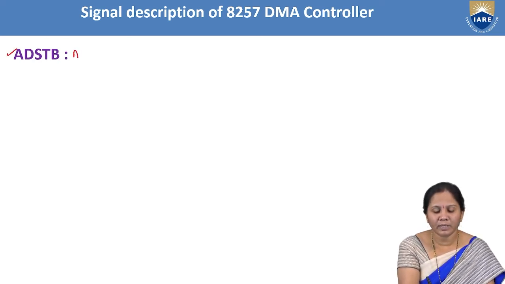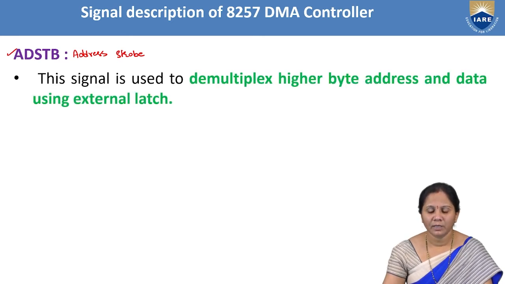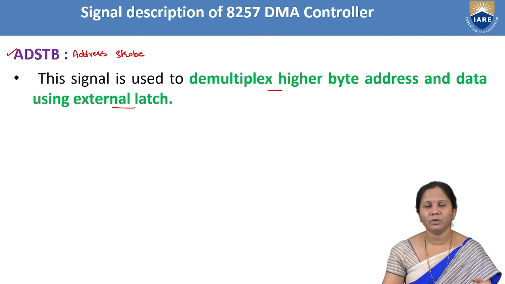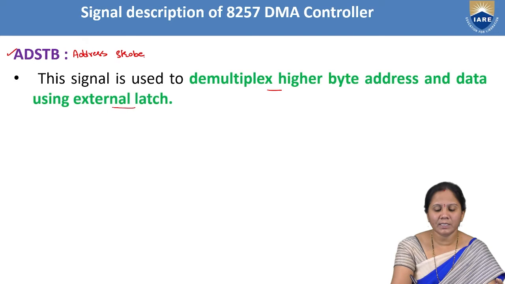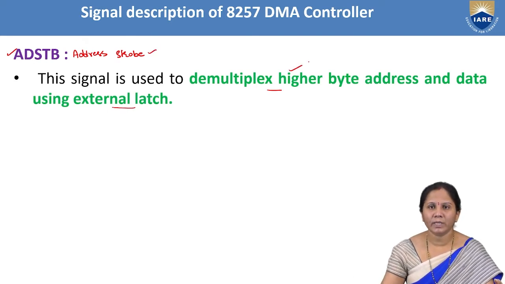ADSTB represents address strobe. When this signal is enabled, it is going to demultiplex the higher byte address and data using an external latch. So we have multiplexed address and data lines. If the signal is enabled, the higher byte address and data lines will get demultiplexed with the help of the external latch.